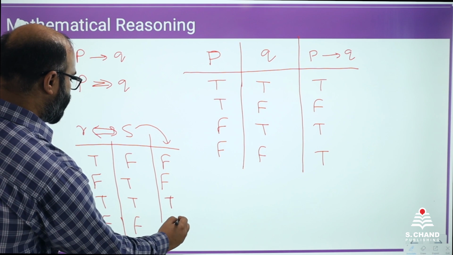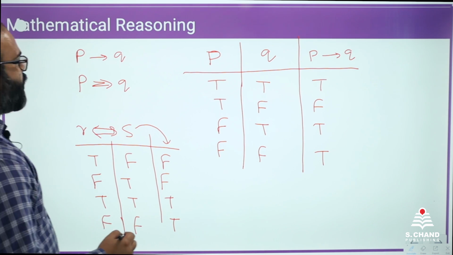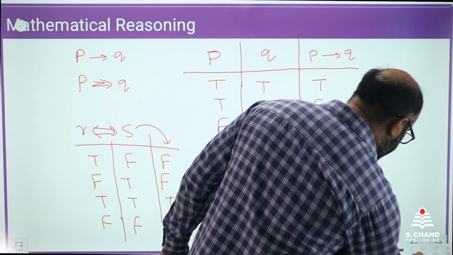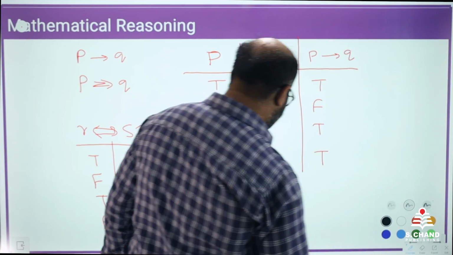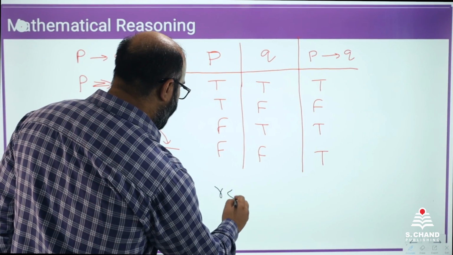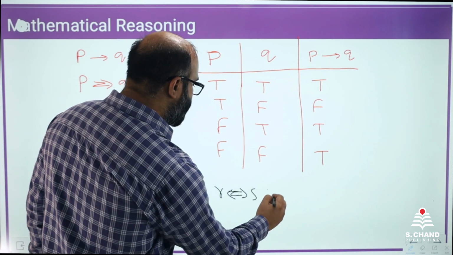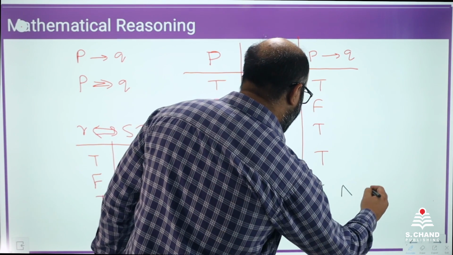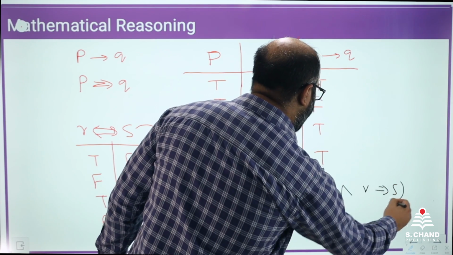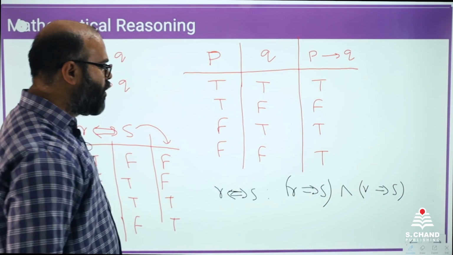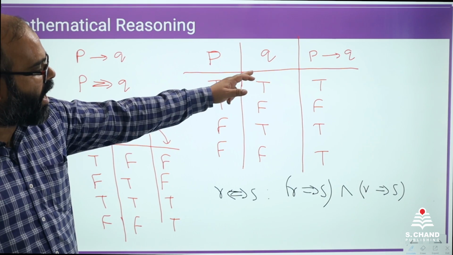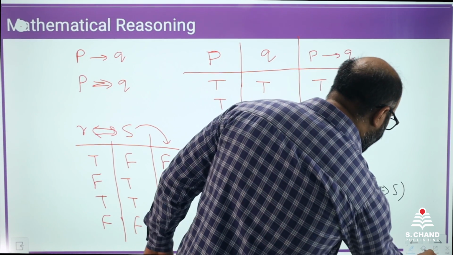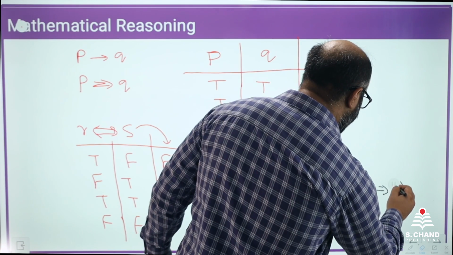This is true, this is true. So double implication can also be understood like this: we have an implication from both sides. If we are saying R double implication S, this is equal to R implication S and S implication R. So if you make a table of R implication S and S implication R, this is S implication R, not the same thing.